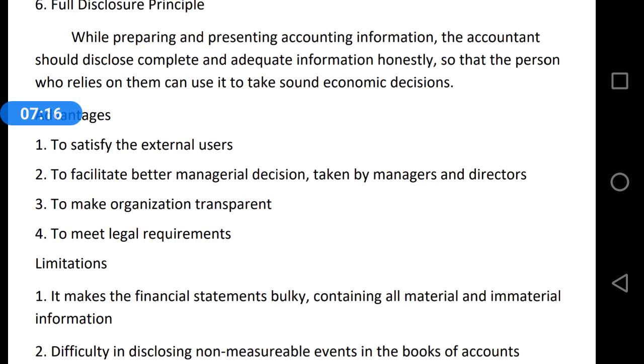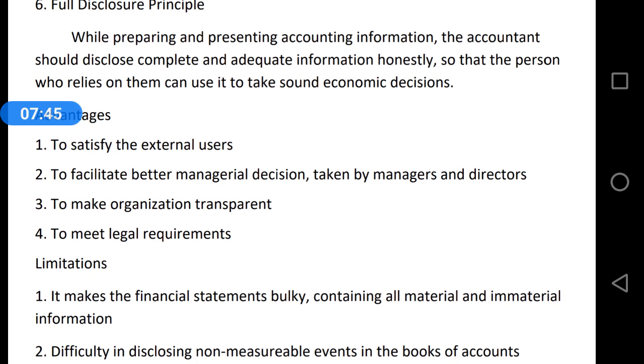According to Companies Act, each and every business organization should disclose the accounting transactions through financial statements. This principle also suffers from a few limitations. It makes the financial statements bulky, containing all material and immaterial information.